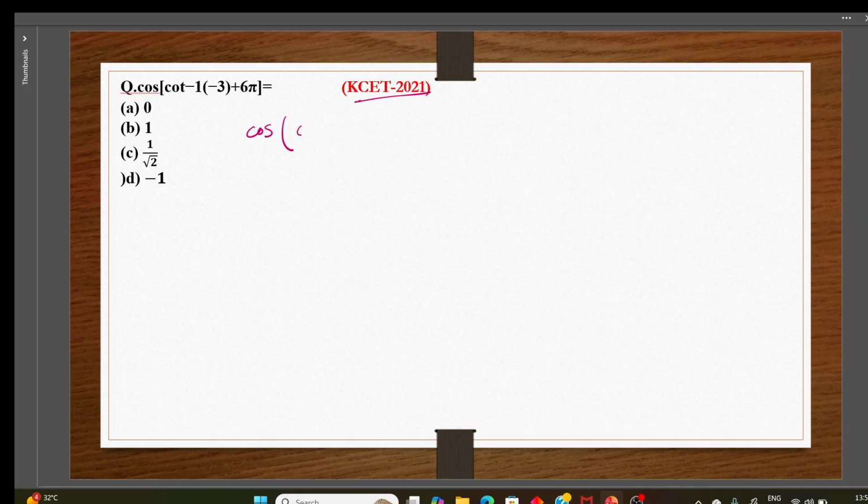Cos of cot inverse of minus root 3 plus 6 pi. Here we know cot inverse of minus x is equal to pi minus cot inverse of x.